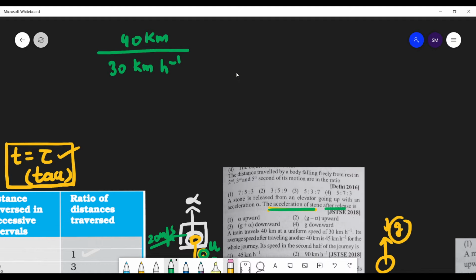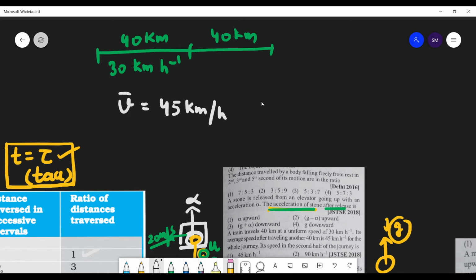Its average speed after traveling another 40 kilometers is 45 kilometer per hour. So what is the speed in the second half of the journey? So this is v1, 30, and v2 you have to find.